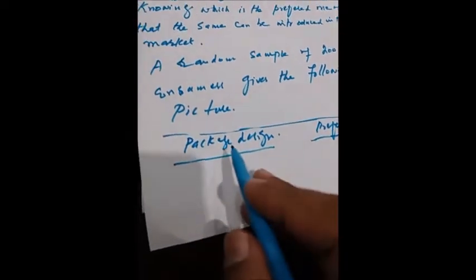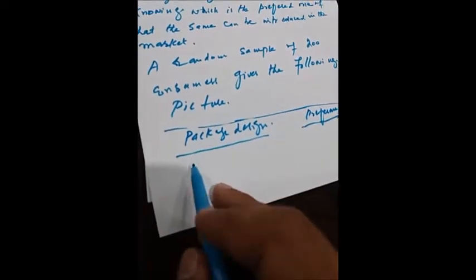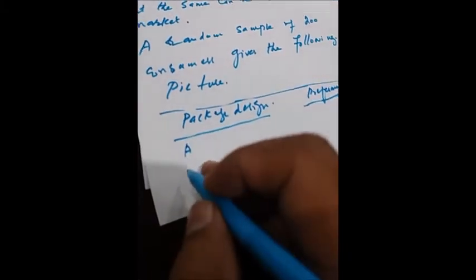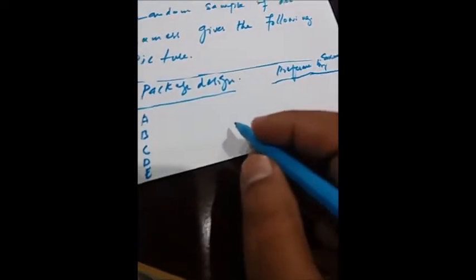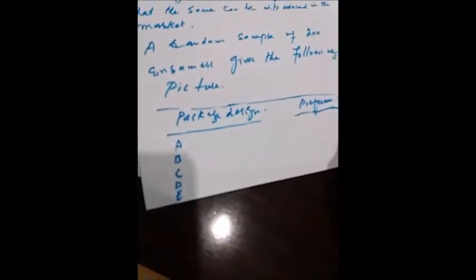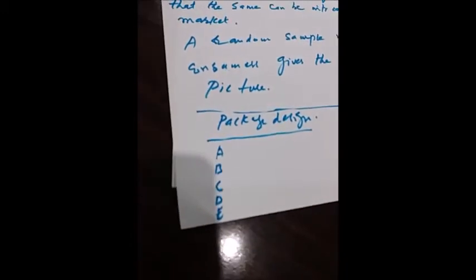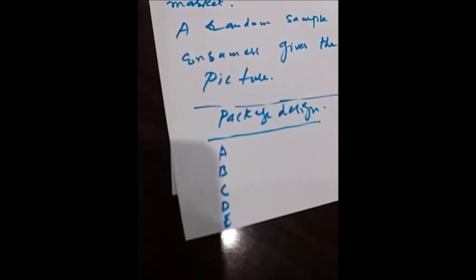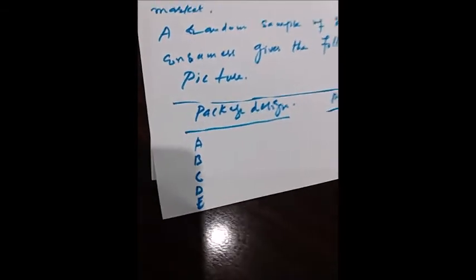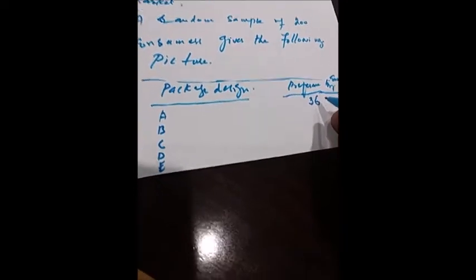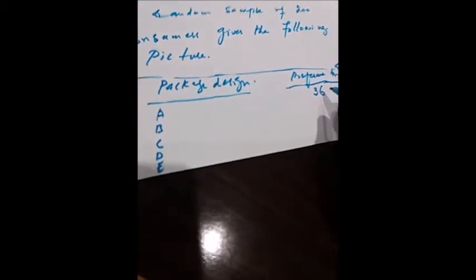So a marketing manager has 5 package designs: package A, B, C, D, E. And the preference by the consumer is that during a random selection, it is observed that 36 consumers preferred the packaging A.